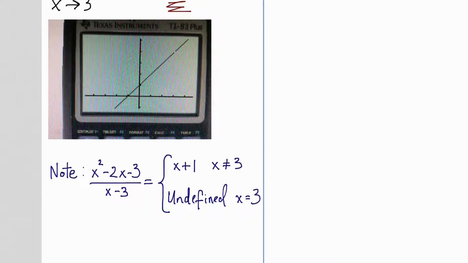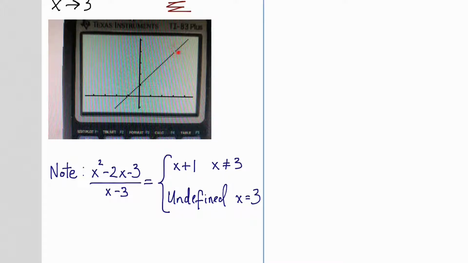But if you change the y-axis, I think I had y-min at negative 1.1 and y-max at 5.1, just a wee bit, then in this window you can see very clearly that the graph of the rational function is linear, which makes sense.